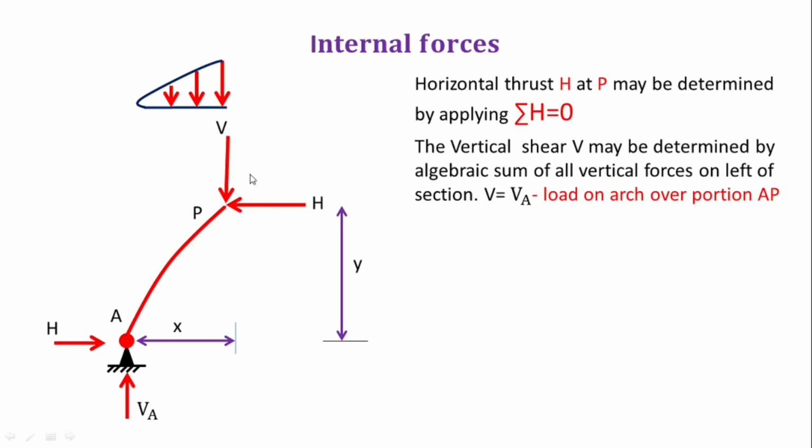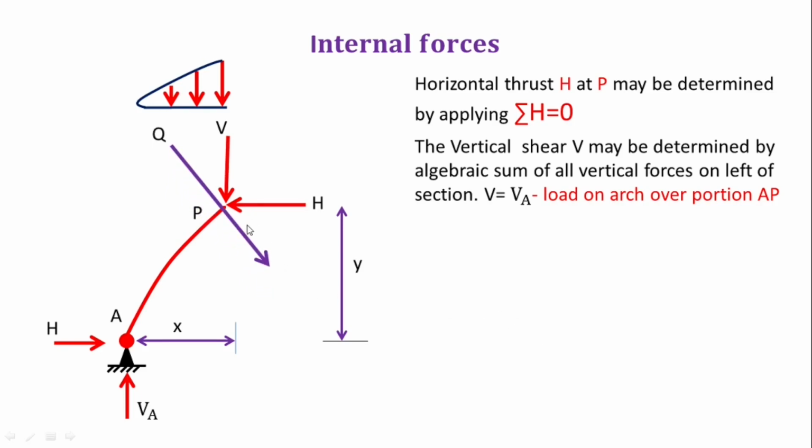From the left-hand side, upward shear is positive and downward force is negative. So V is equal to VA minus the load on the arch over the portion AP.